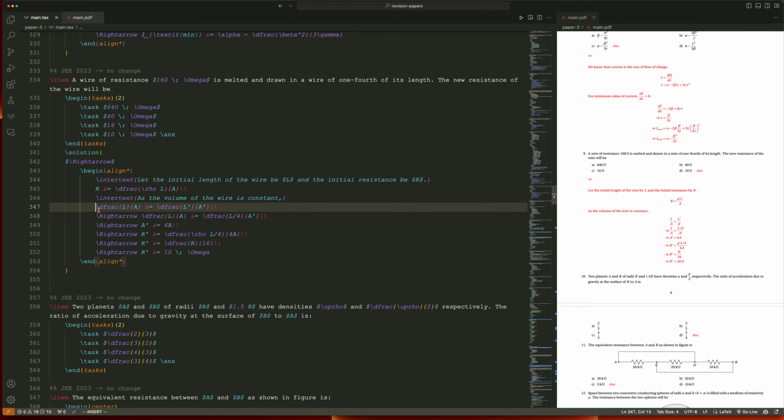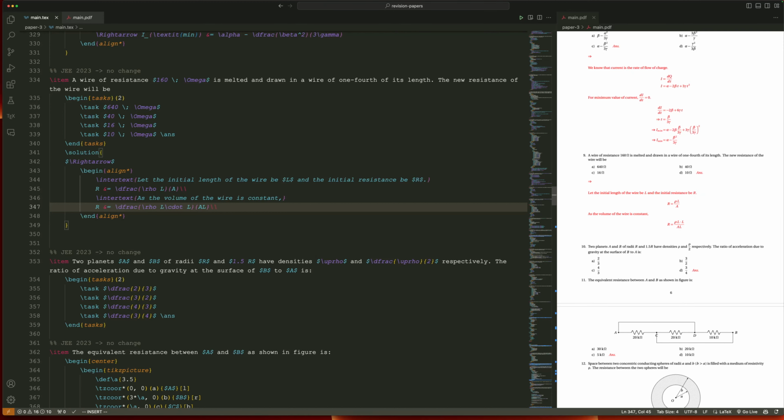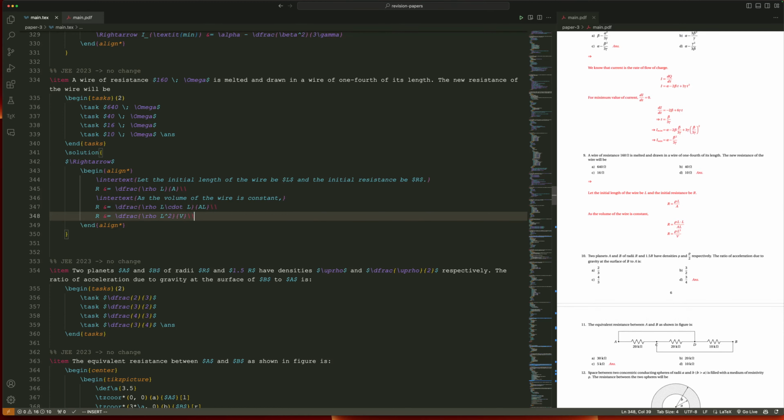So let's change it. As the volume of the wire remains constant, that means resistance will be rho L upon A. Wow, because I did it in the past like this, that's why Copilot is getting better and better. And it will change to volume, I know, because I did it in the past. So yeah, perfectly fine.